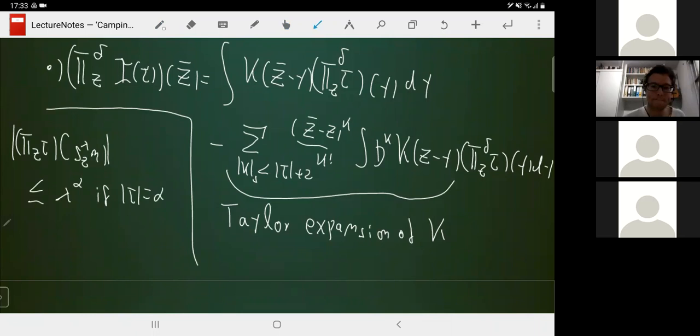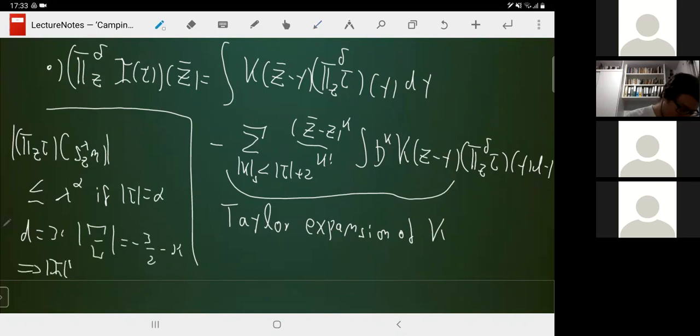If alpha is positive, exactly. Now imagine d is equal to 3, then the order of psi would be essentially -3/2 minus kappa. From this it follows that I of psi should have order 1/2 minus kappa. So alpha should be positive. Exactly, we think of kappa very, very small, so it should be positive.